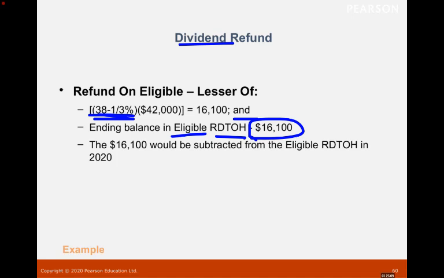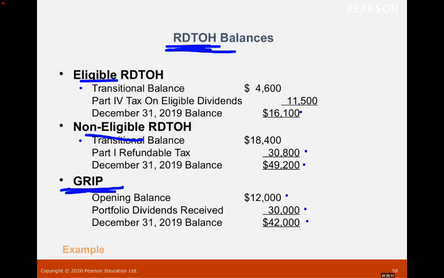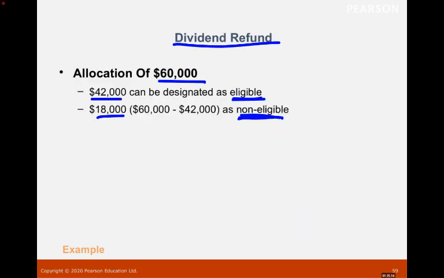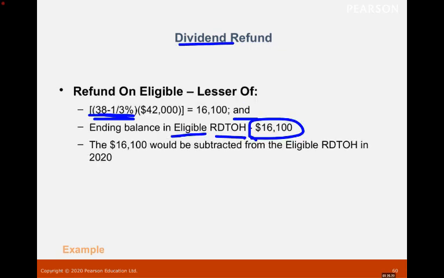We had 16,100 in the pot, so that's all we could pay anyway. 42 times this is 16,100, so the lesser of the two of these is the same number. So we subtract that out, and at that point we've used it all up. We wouldn't want to go farther than this because there's nothing left in the pot.